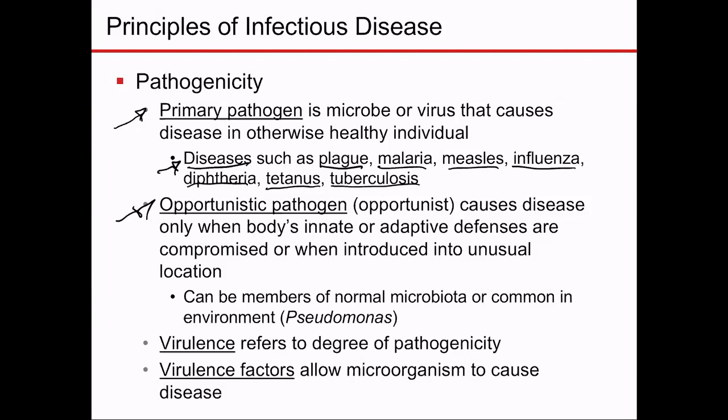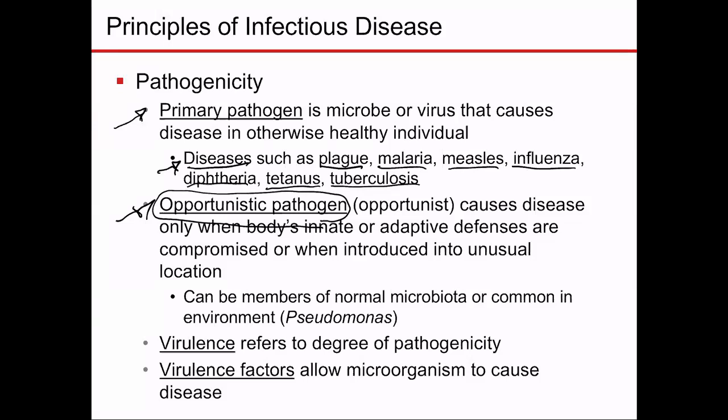It could be because there is an immunodeficiency, or because the person is immunosuppressed. These opportunistic pathogens will take advantage of that opportunity to cause disease in that person. That's why they are called opportunistic pathogens. They are taking advantage of that particular situation.